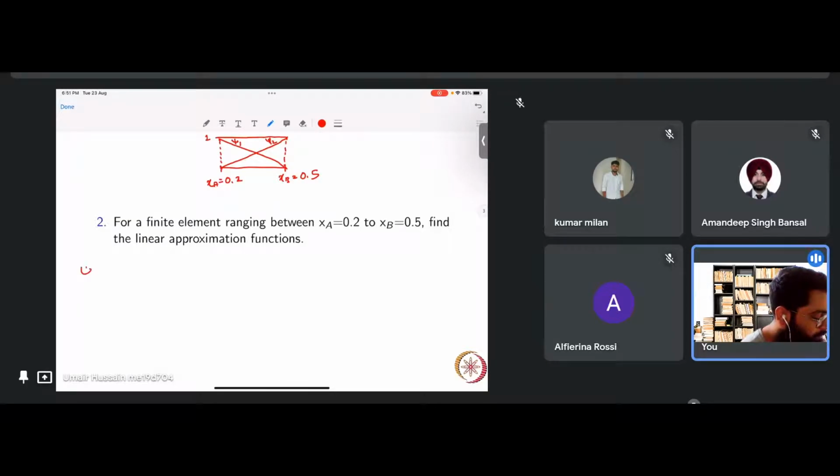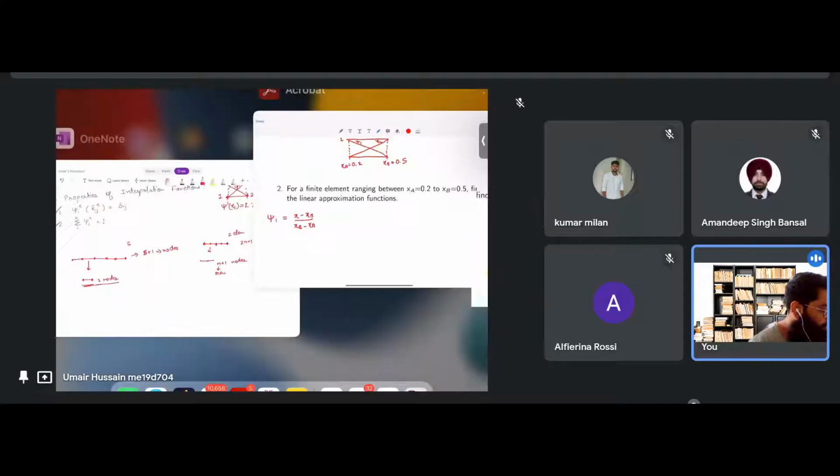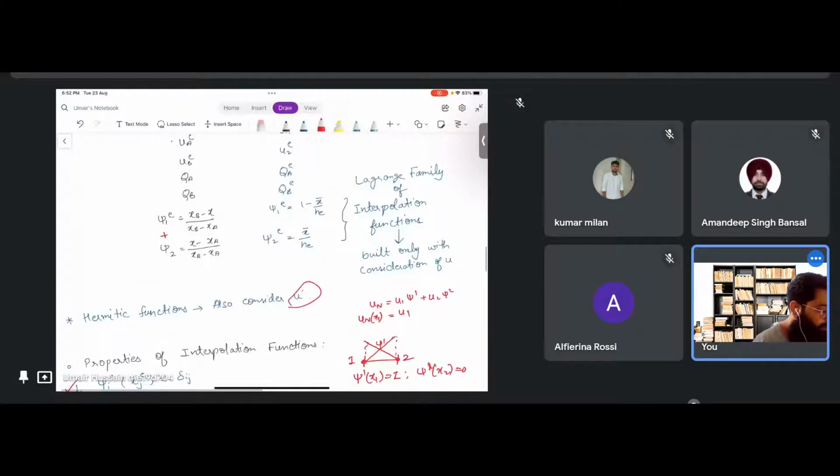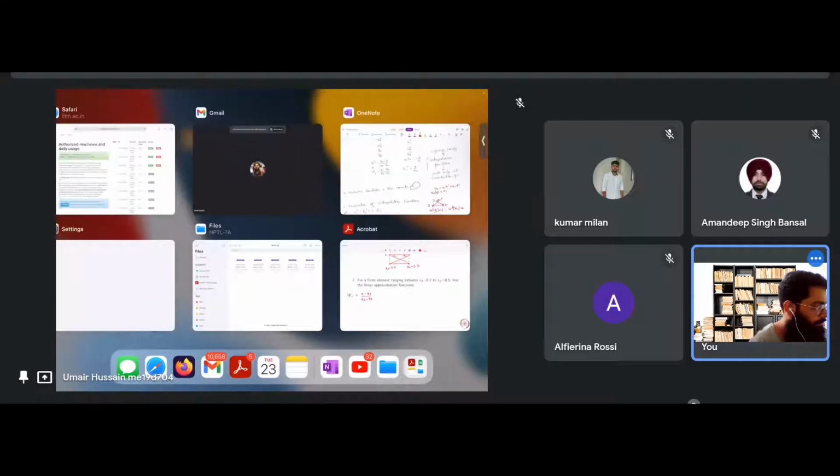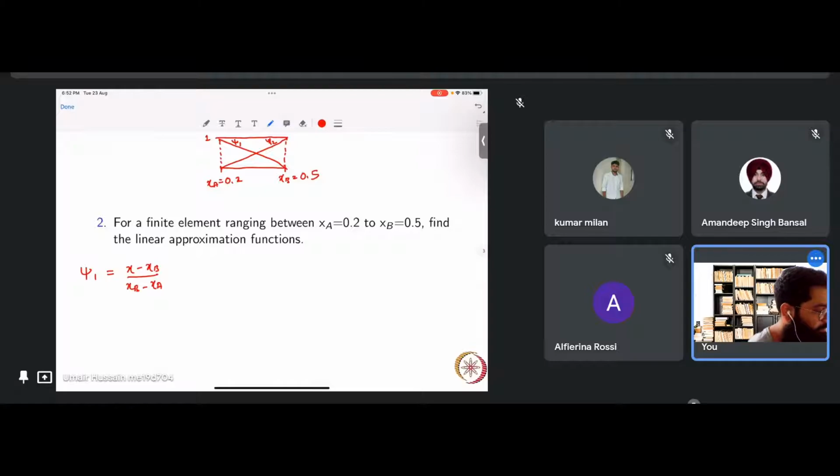So what was the formula? I think psi 1 was x minus x b upon x b minus x a. Let me just check the formula. Sorry, I wrote it opposite. It's x b minus x upon x b minus x a.